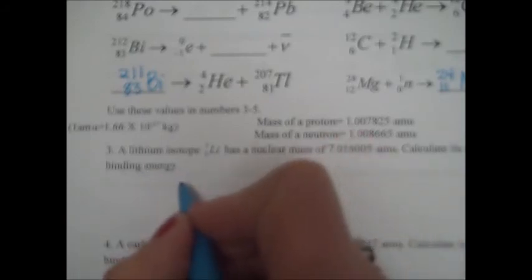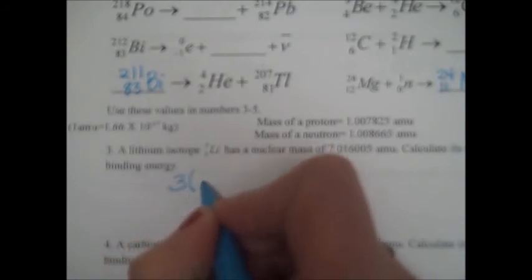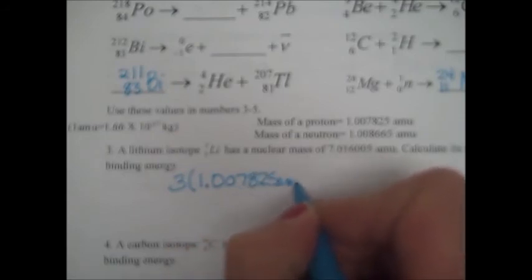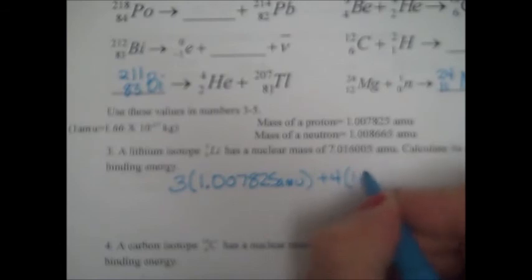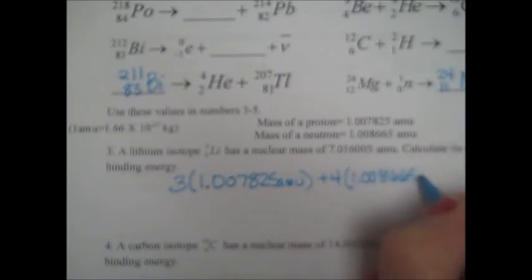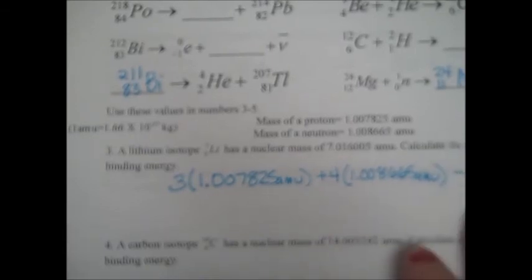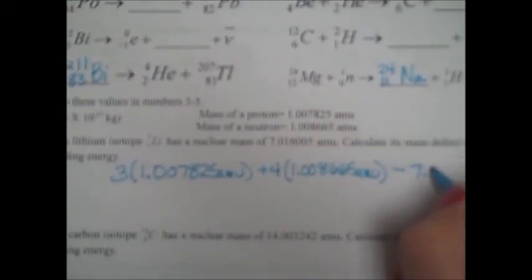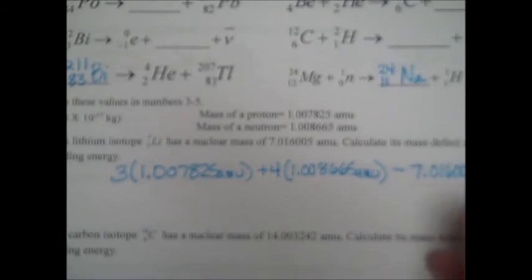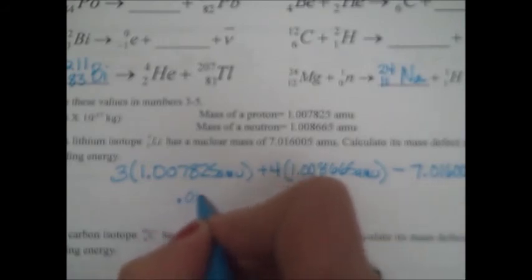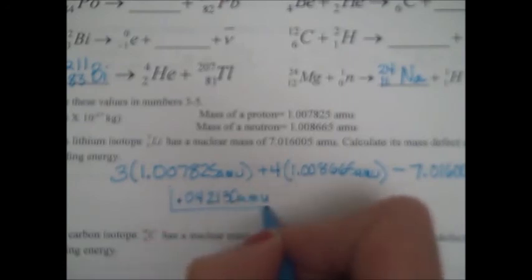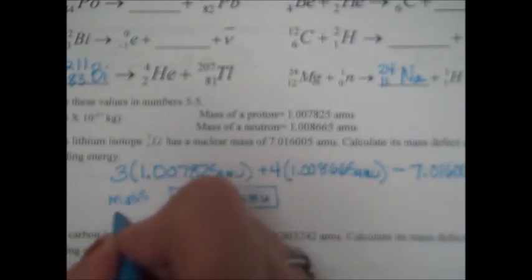Remember, the mass defect is the difference between the mass of the parts, where there are 3 protons, 1.007825 amu, and there are 4 neutrons, 1.008665 amu, and compare that with the original mass, which was 7.016005 amu, and the difference would be 0.042130 amu. This is called the mass defect.